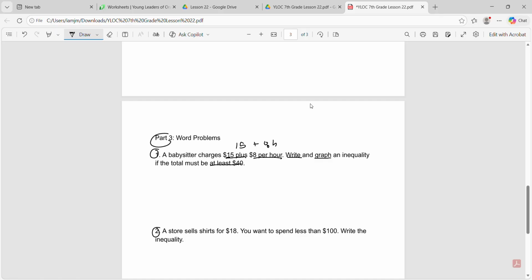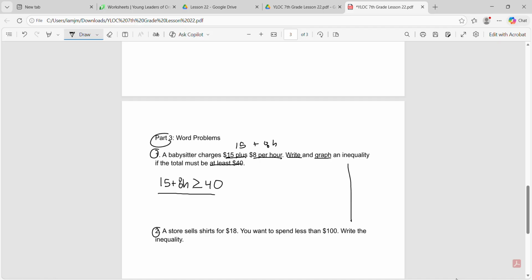So a babysitter charges $15 plus $8 per hour, and it should be at least, meaning the least value should be $40. So the money made should be greater than or equal to 40, the total. And that's our inequality. Let's graph that.